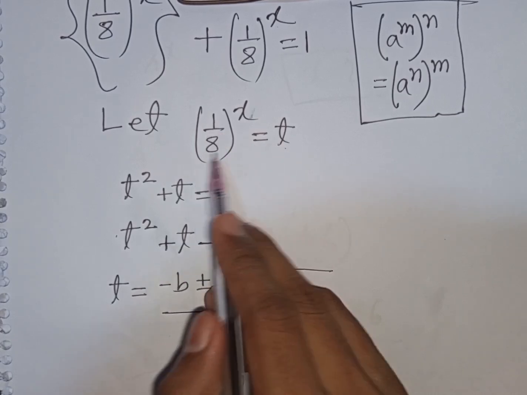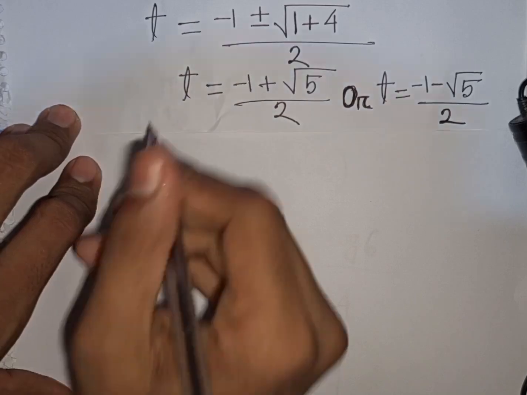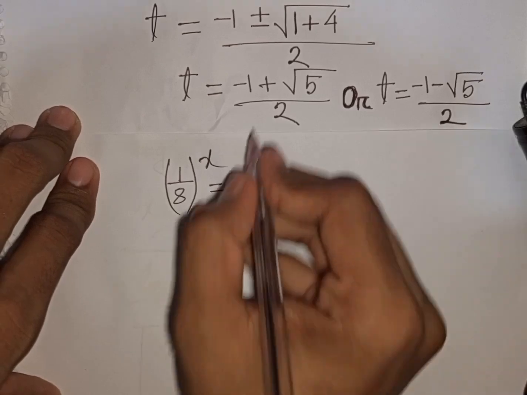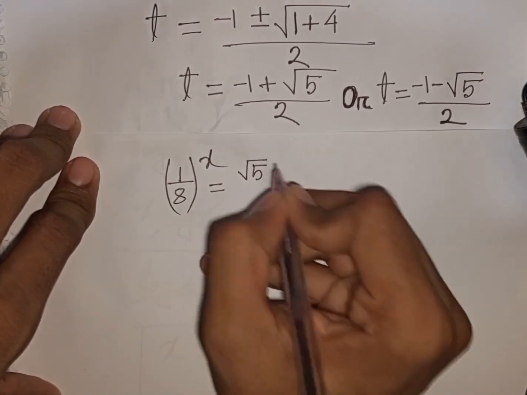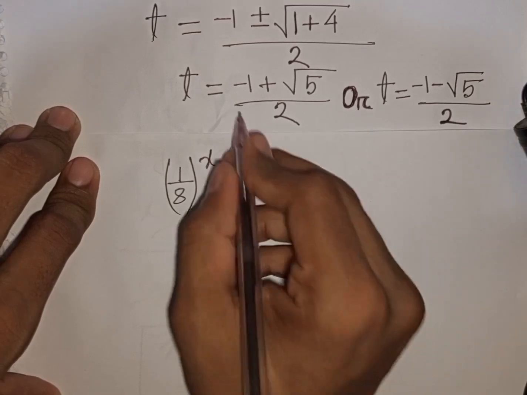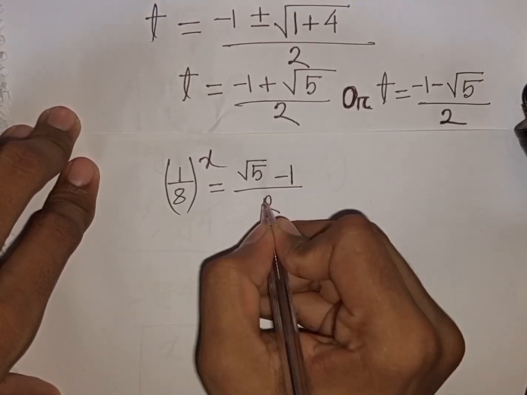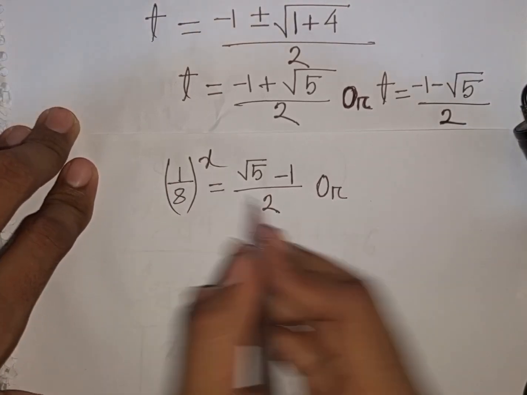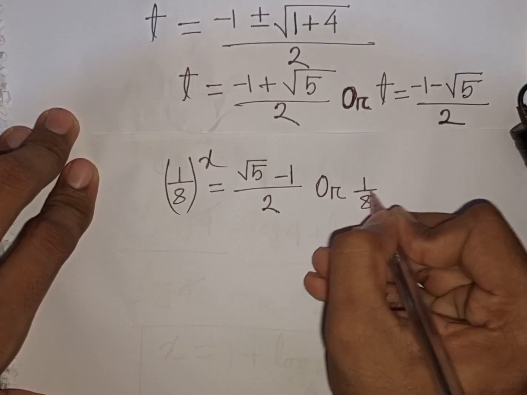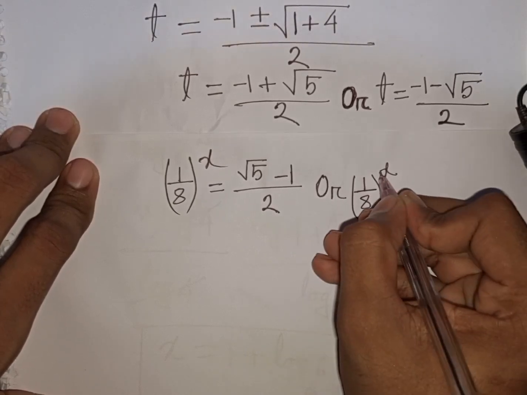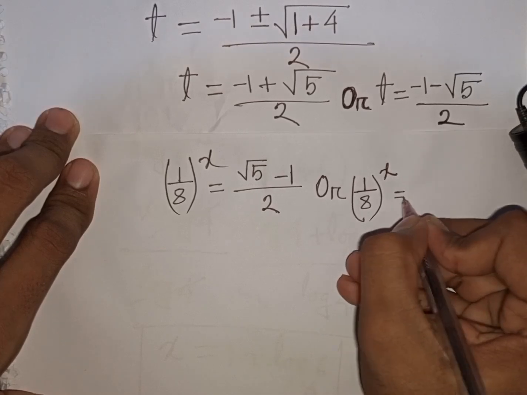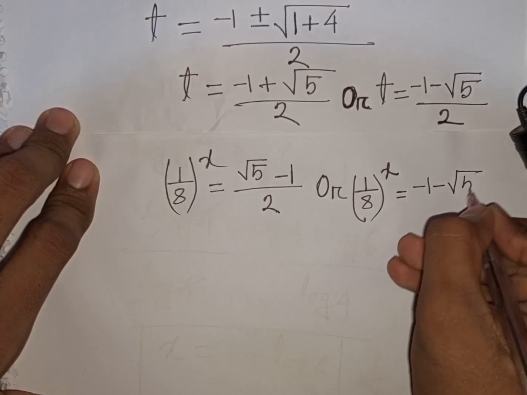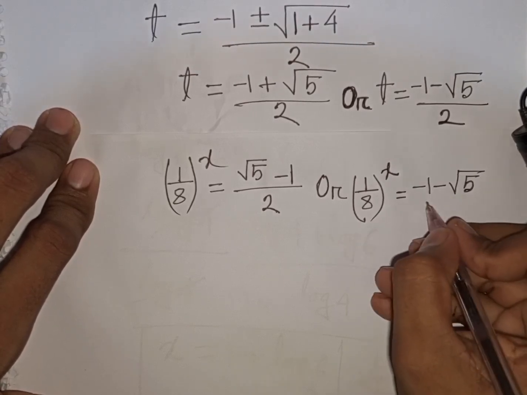So, t, that means 1 by 8 bracket power x, is equal to plus a square root of 5, that means a square root of 5 minus 1 divided by 2, or t, that means 1 by 8 bracket power x, is equal to minus 1 minus a square root of 5 divided by 2.